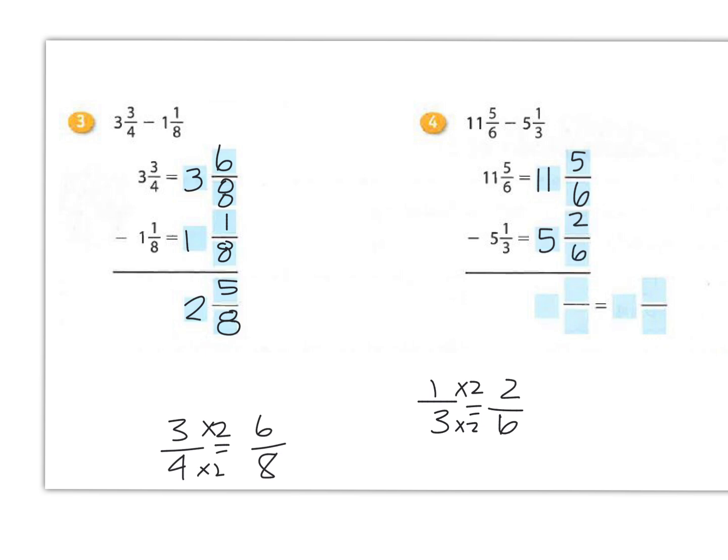Then I'm going to subtract the fractions. 5/6 minus 2/6 equals 3/6, and then 11 minus 5 is 6. That 3/6 can be simplified because the top and bottom can be divided by 3 to get 1/2. So then my final answer is 6 1/2.